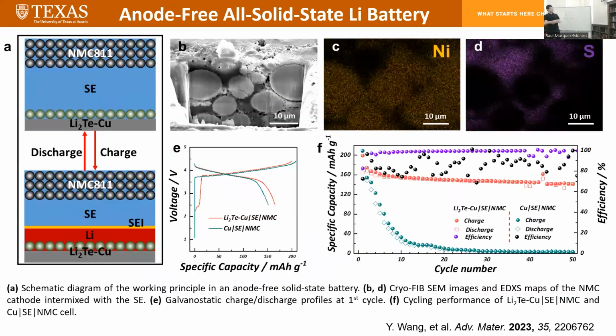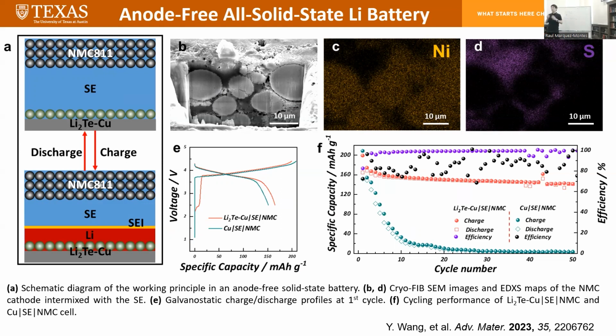On this slide, on the left side, you can see the working mechanism, which is using commercial NMC811 as the cathode material, mixed with sulfide electrolyte powder, no carbon and no binders on the cathode side. And on the anode side, it's just a tellurium-modified current collector. During your first charge, the lithium will come out of your NMC.